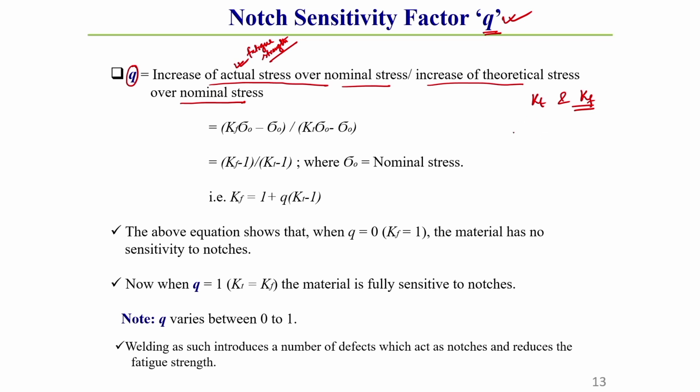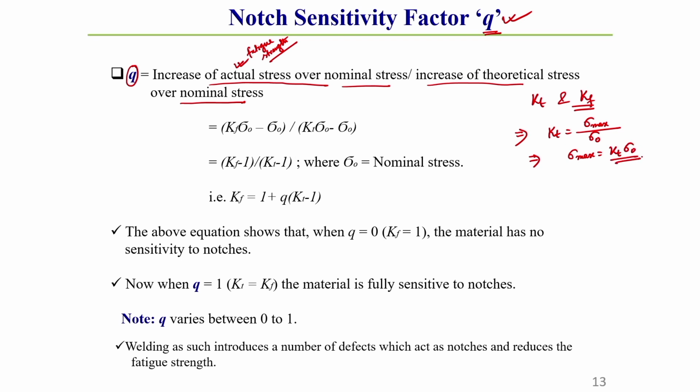So, if we consider Kt, you can write Kt as sigma max divided by nominal stress. Sigma maximum in this case will be Kt into sigma 0.